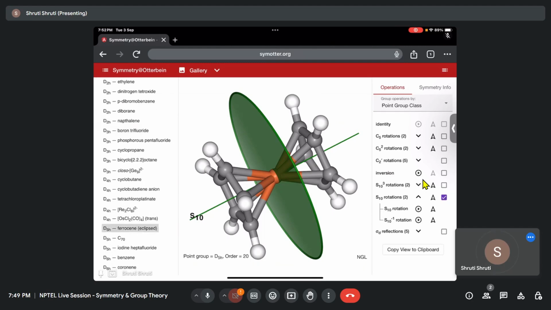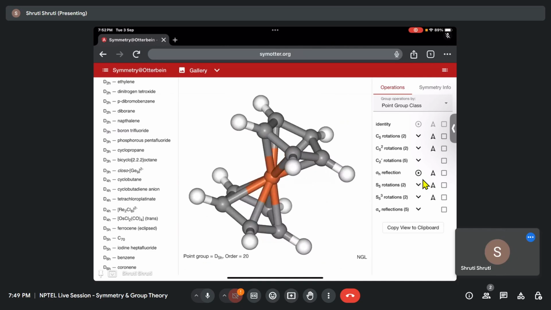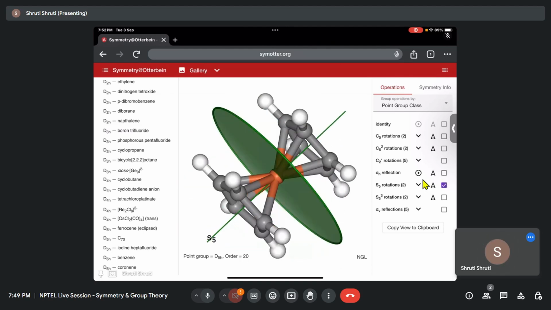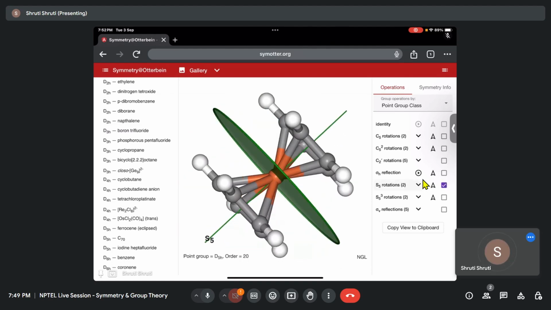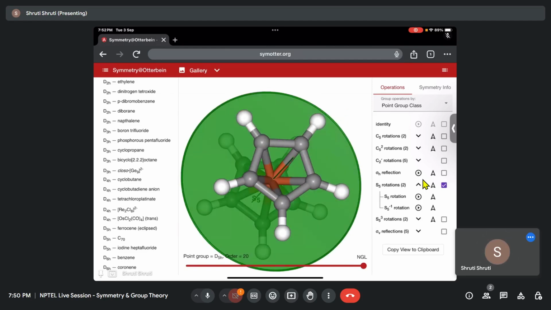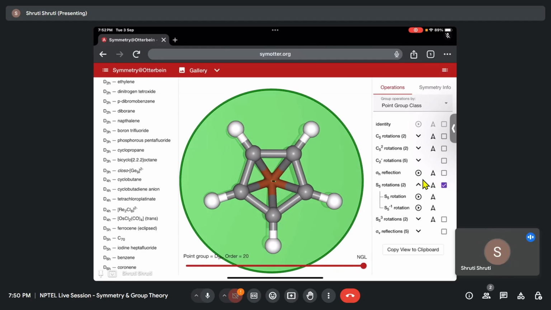But when you see the eclipsed, we don't have S10. Instead, we have S5, because we now have to rotate by 72 degrees and then reflect, because the bonds are eclipsed in this case.